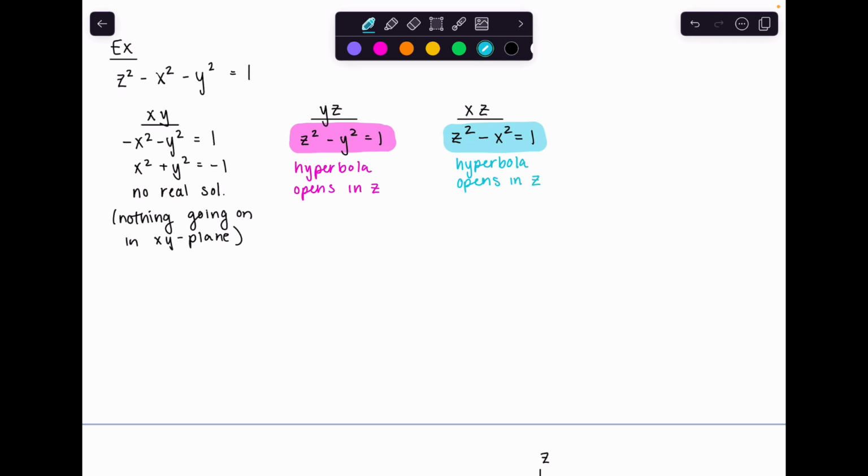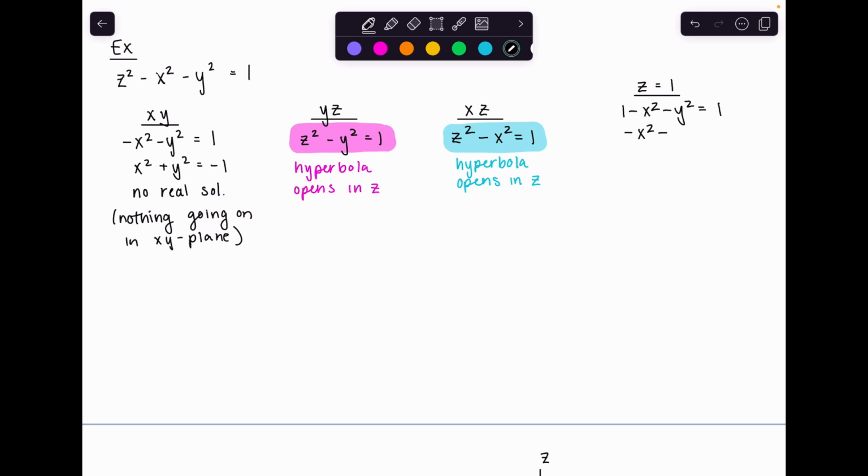Now I need to pick some other values for z since 0 was useless. And again, you can start by saying z equals 1. But because I already know what this looks like, I'm going to pick funky looking numbers because it just makes life easy. So if you do try to pick z equals 1, that would give you 1 minus x squared minus y squared equals 1.